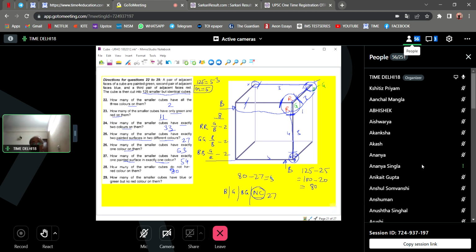How many? 53. 53 pieces have blue or green or blue-green. The answer for the 29th one is 53. Does anyone have any doubt on this set? Let me know. Anyone? Any doubt?